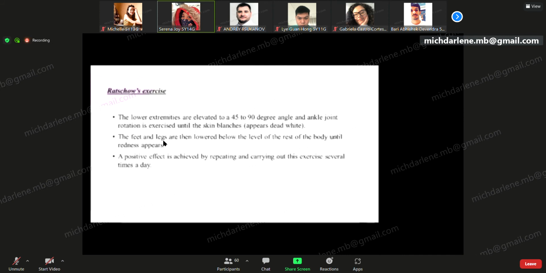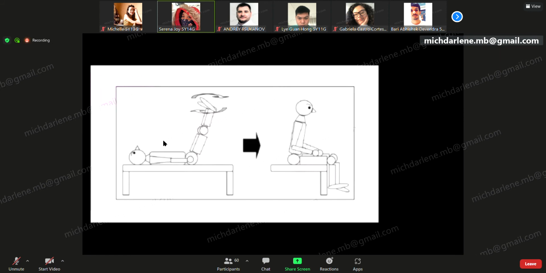The feet and legs are then lowered below the level of the rest of the body until redness appears. A positive effect is achieved by repeating this exercise several times a day. And you see the Ratschow exercise.